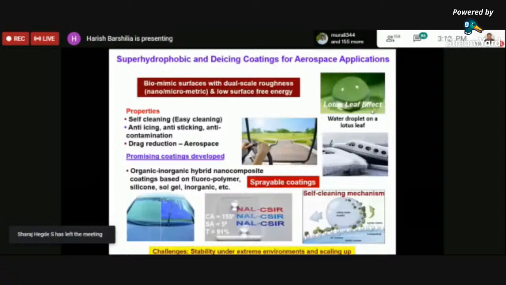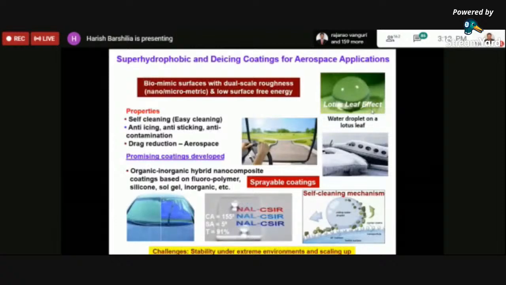For example, whenever you are driving a car and suddenly the rain comes, you have to switch on your wipers. Hypothetically, if you have a coating which is water repellent and ice repellent, then all these kinds of problems can be sorted out. So we work on a variety of coating technologies wherein we can develop transparent, sprayable super hydrophobic coatings and anti-icing coatings.